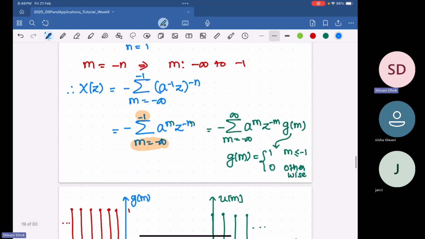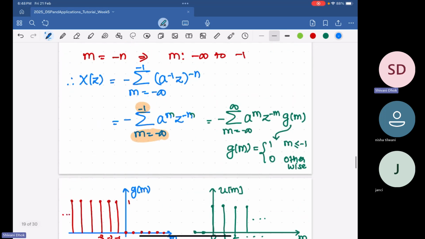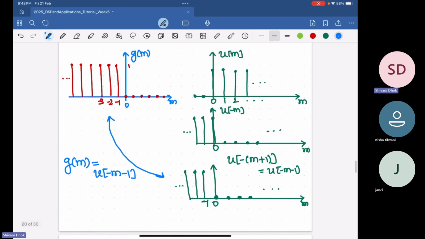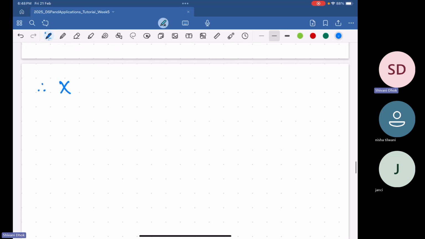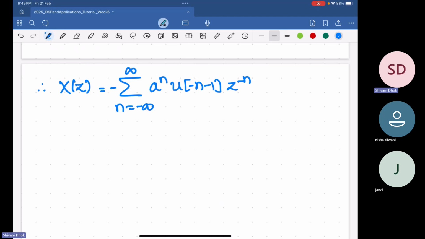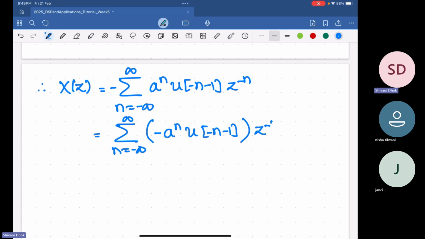Now let me substitute it back into my X of Z formula. Therefore, X of Z is equal to summation, and I'll simply replace m by n, so n running from minus infinity to infinity of A to the power n u of minus n minus 1 into Z to the power minus n, which I can also write as summation n running from minus infinity to infinity of minus A to the power n u of minus n minus 1 into Z to the power minus n.